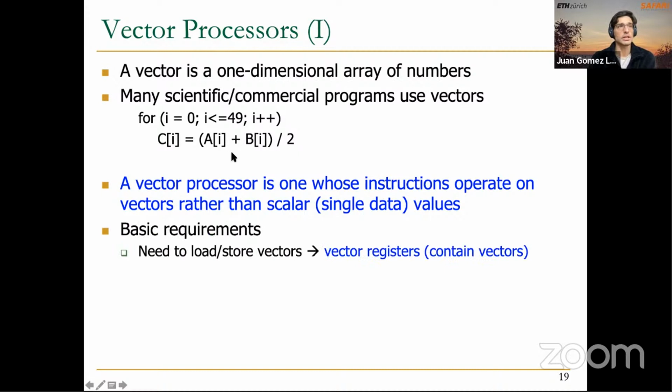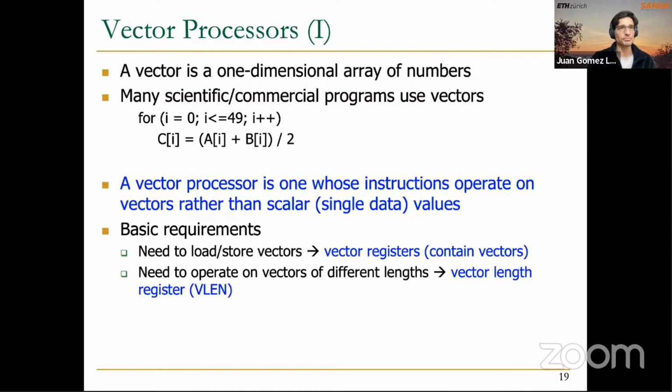That's essentially the idea. But there are some basic requirements. We need vector registers. We have introduced them already. These vector registers are where we are going to load the input operands, and the registers that will contain the output operands that we will later store in memory.